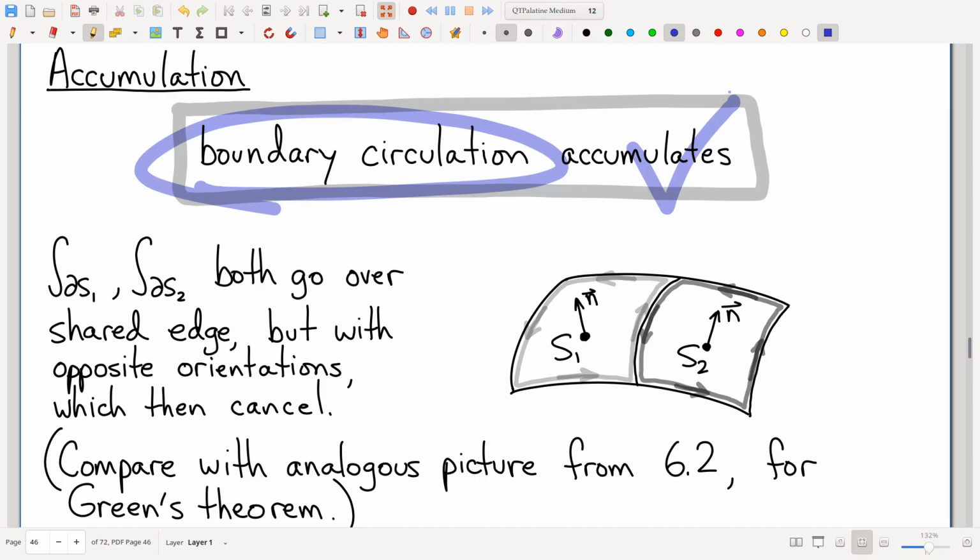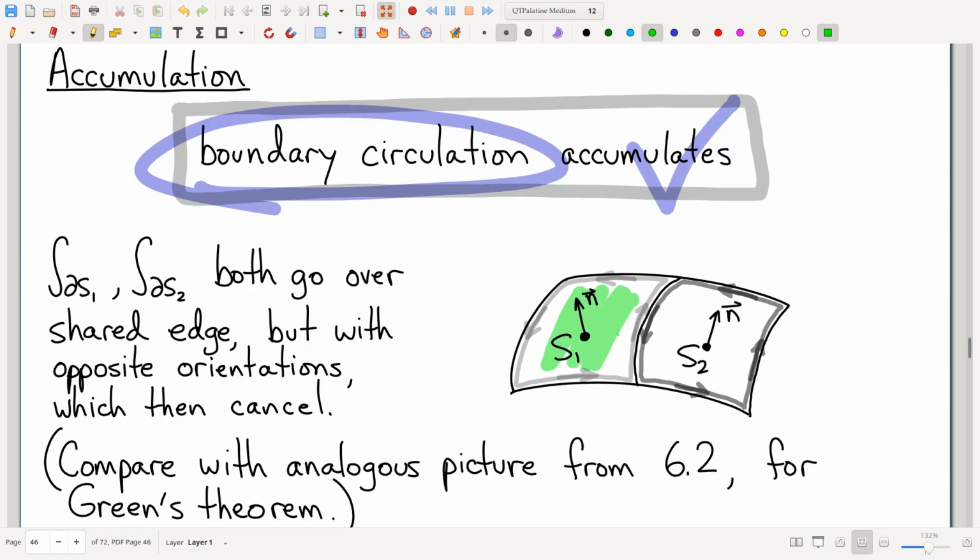It's in a 3-dimensional space, but it's still a 2-dimensional thing. It still has boundaries that are curves. It's a lot like what we were studying when we were doing Green's theorem. And when we were doing Green's theorem, we found boundary circulation accumulates. And unsurprisingly, given how analogous these things are, same deal for surfaces. And the picture is morally equivalent.